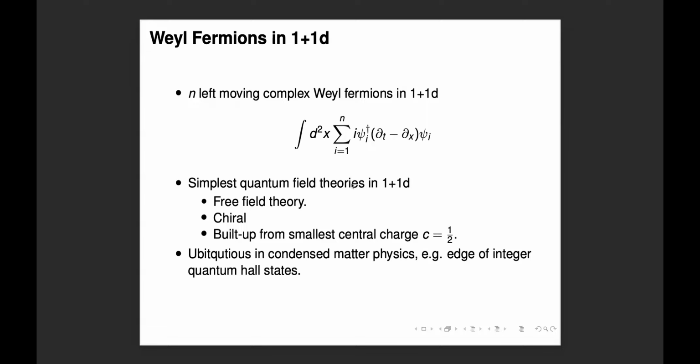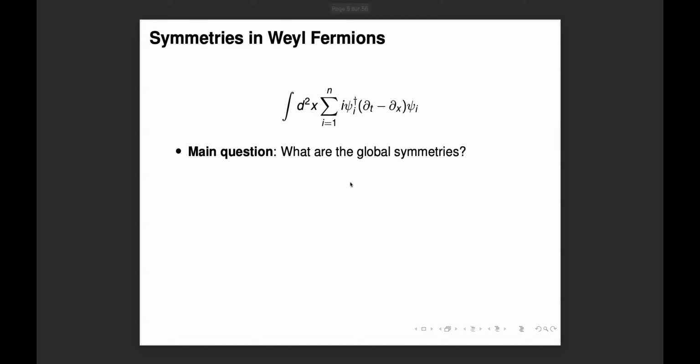It's also very interesting because it appears in many contexts in physics. For example, in condensed matter physics, it appears as the edge state of the quantum Hall system, and also in string theory. So the main question I'm going to ask is, what are the global symmetries?